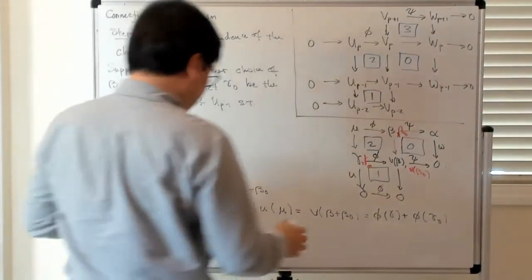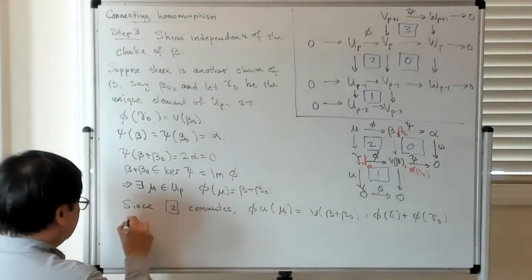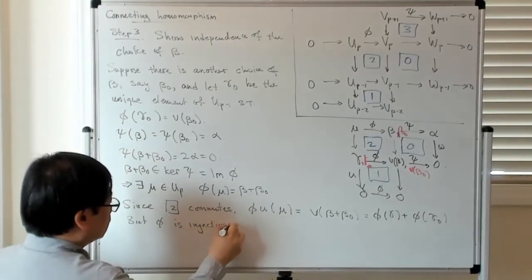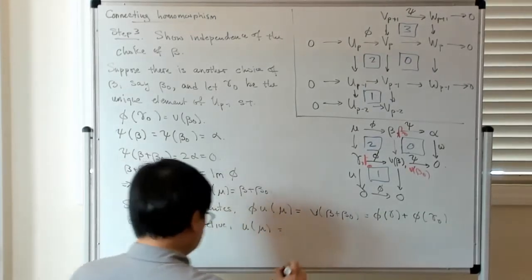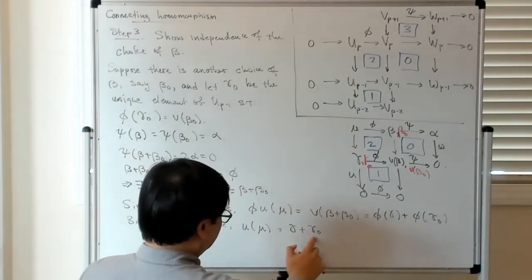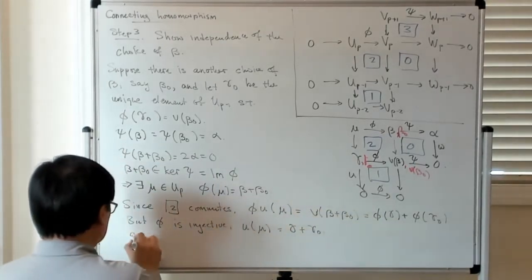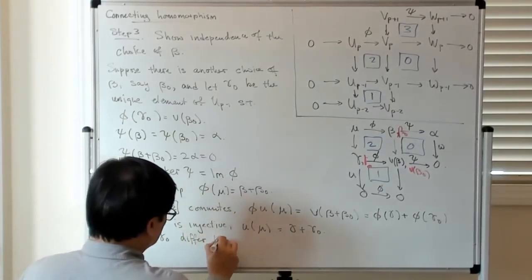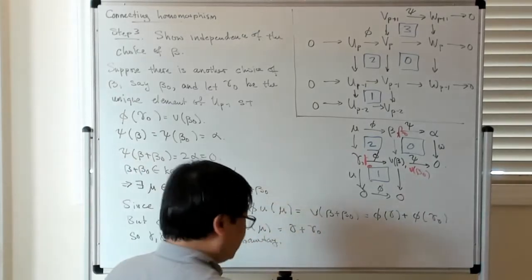But then we use the fact that we have injectivity of phi. So this means that u of mu is equal to gamma plus gamma 0. Okay, so this is what you want, because that means gamma and gamma 0 differ by something which is the boundary, which means that they generate the same homology class.